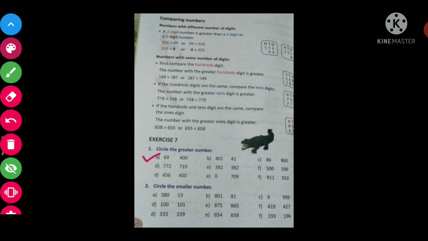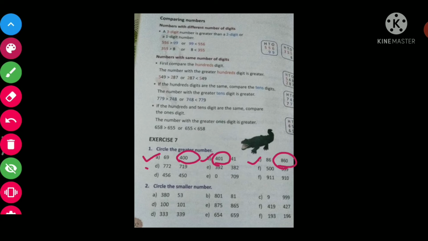So the number that is greater is 400, right? Because it has 3 digits. Now see B part. Out of these two, which one is the greater one? 401, because it has 3 digits. See the next one. This one will be the greater one because it has 3 digits, right?